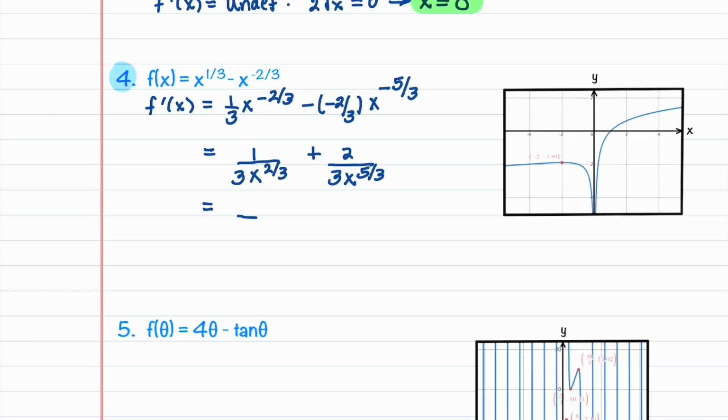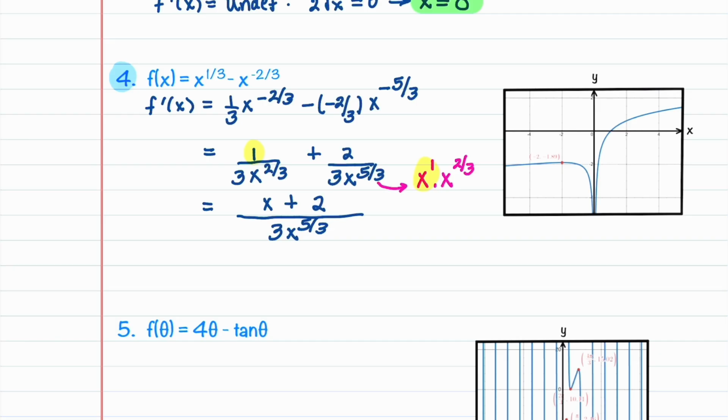We can then see that our common denominator should be 3x to the 5/3. I'm going to make a note here that x to the 5/3 is x to the 1 times x to the 2/3. So we know when we get a common denominator that we're going to have to multiply this number by x because it already has an x to the 2/3. So this gives us an x plus 2.